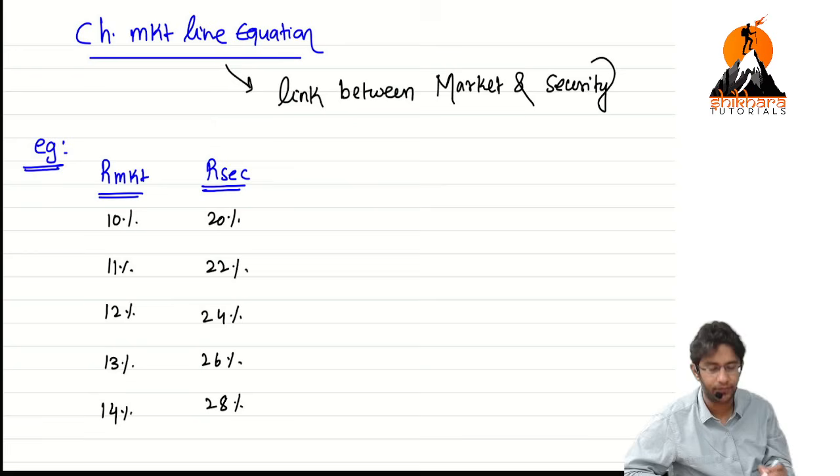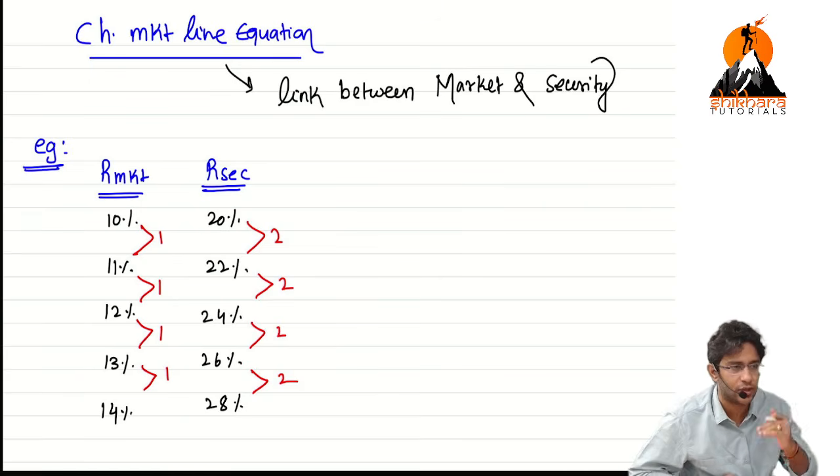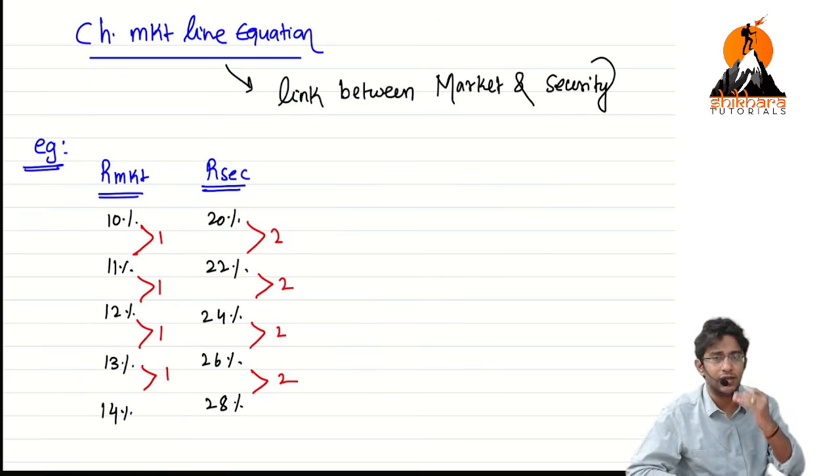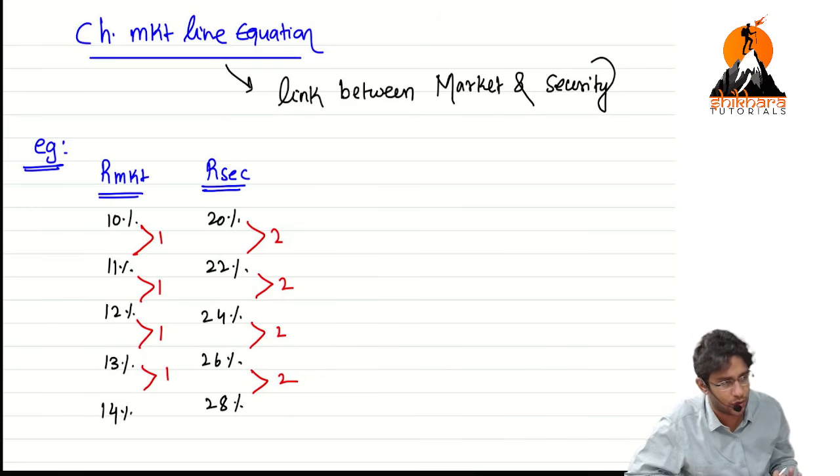What can you observe? For every 1% change in the market, security is changing by 2%. Market is increasing, security is also increasing. Market is increasing by 1%, security is always increasing by 2%. Every time the same pattern is getting followed, correct?